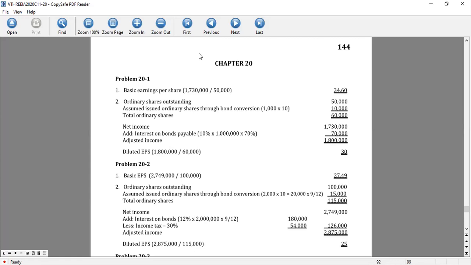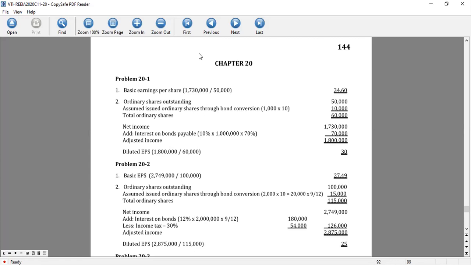So that means 2 million divided by 1,000 is 2,000 multiplied by 10. The entity reported net income of 2,749,000 for the year ended December 31, 2020. The average number of ordinary shares outstanding was 100,000 shares, and the income tax rate is 30%.